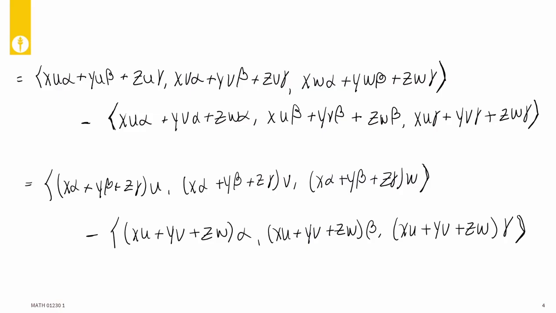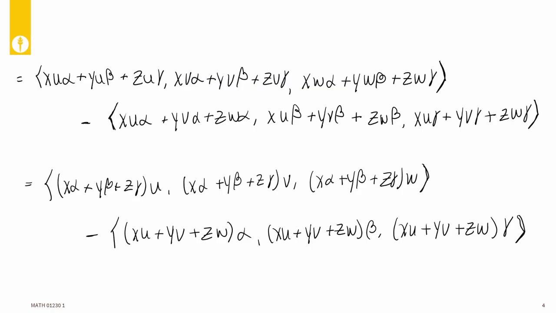First vector, scalar multiple. Right, each of the three components has the same scalar, x alpha plus y beta plus z gamma, factor it out. We're then left with u, v, w.